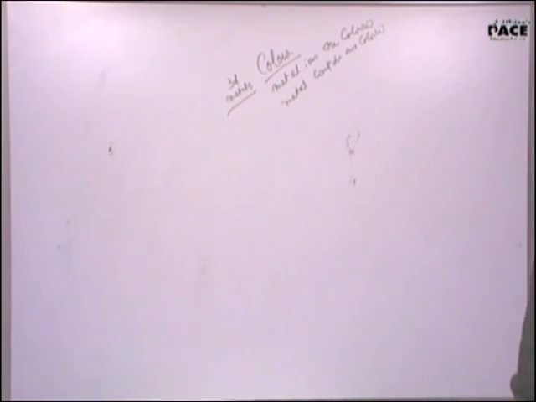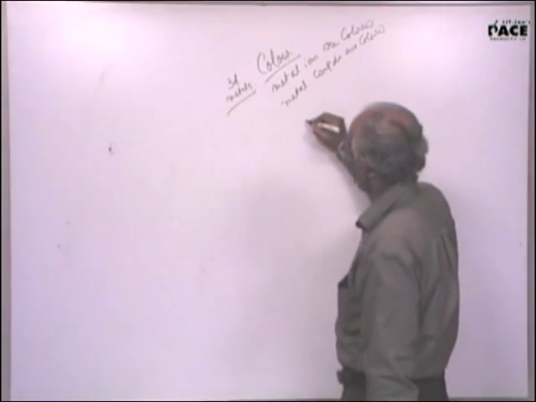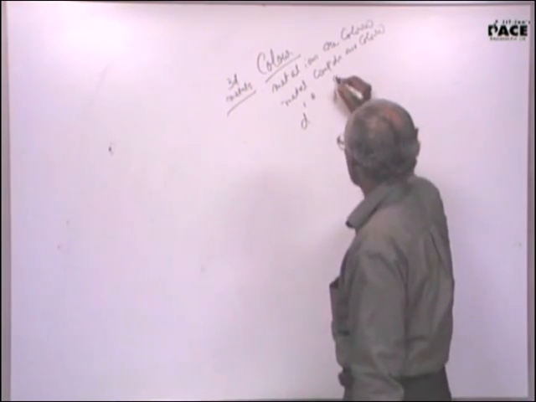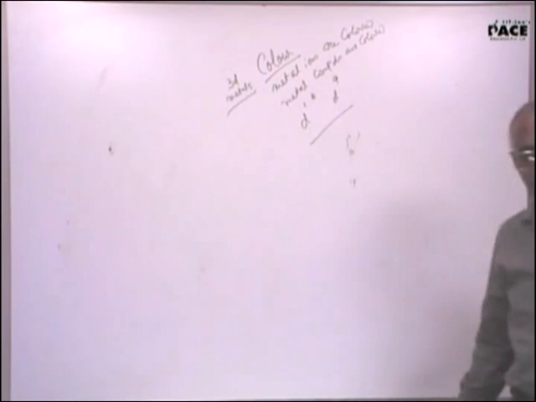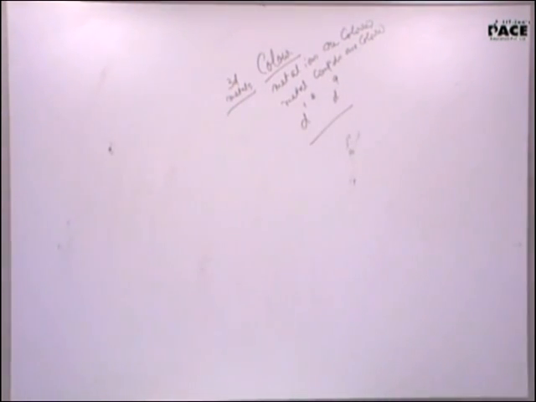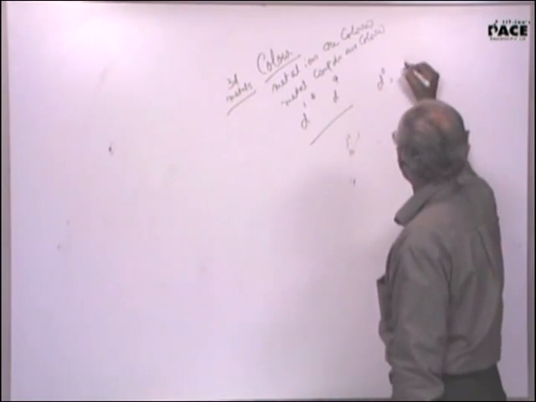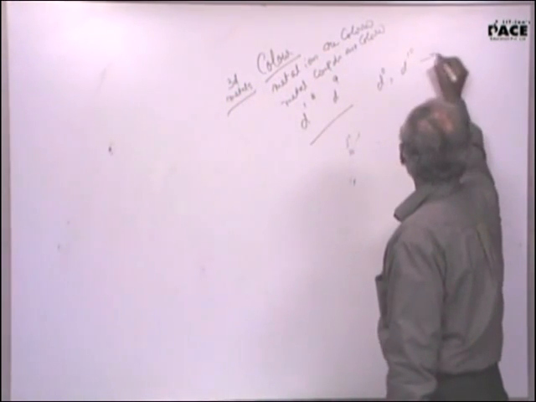The color will be exhibited by metal ions having d1 to d9 configuration. The metal ion which has 1, 2, 3, 4, 5, 6, 7, 8, 9 d electrons will be colored. d0 and d10 will be colorless.